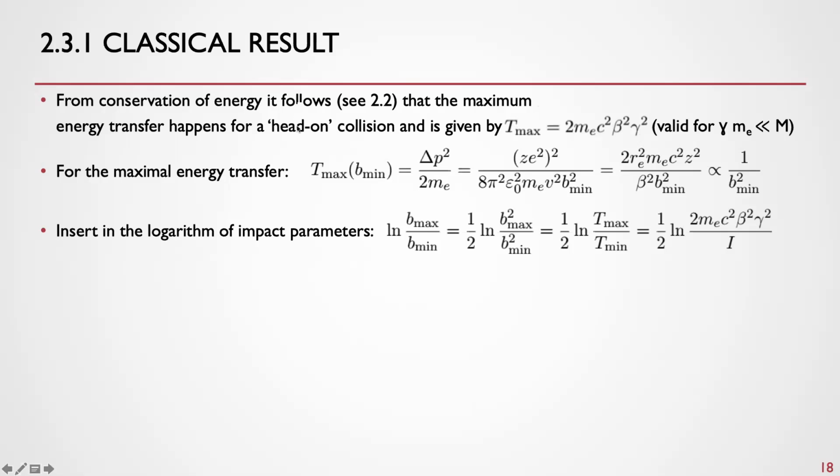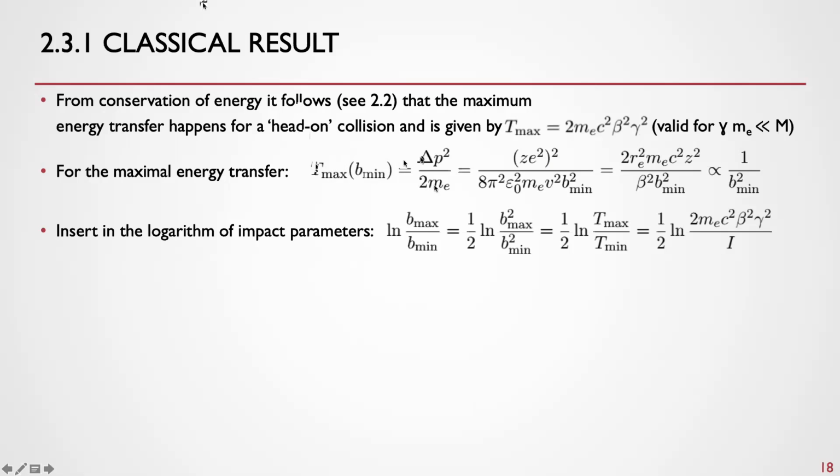So this beta squared gamma squared appears now in our equation for the energy loss. How does this go? The maximum energy transfer happens at the minimum distance. Okay, this is what we computed before.